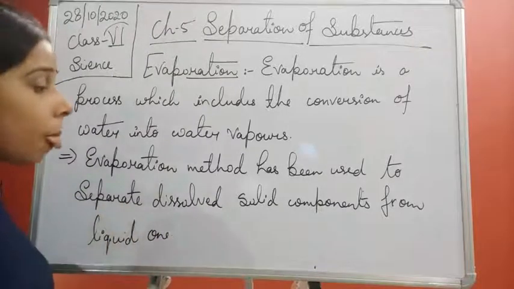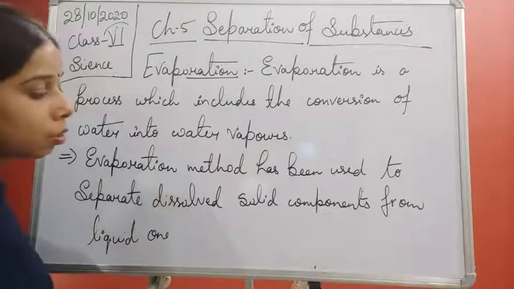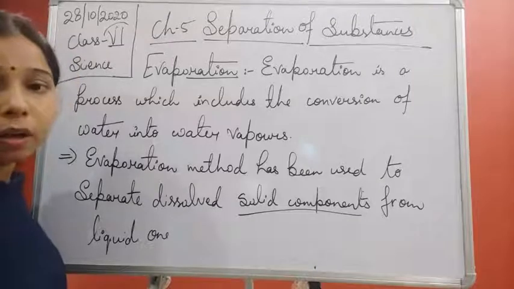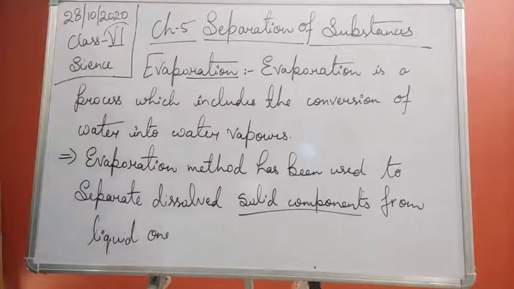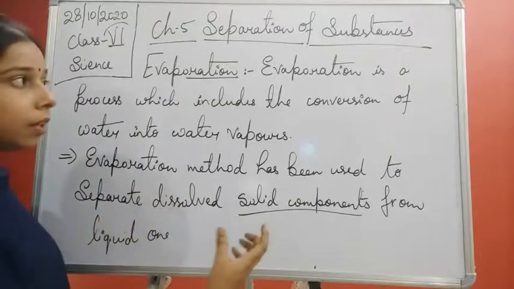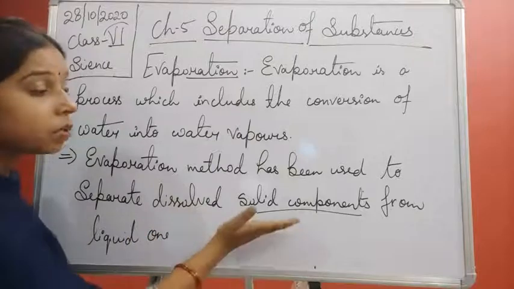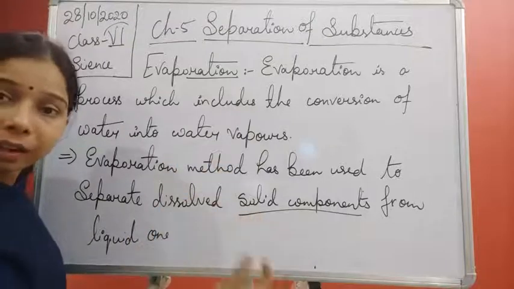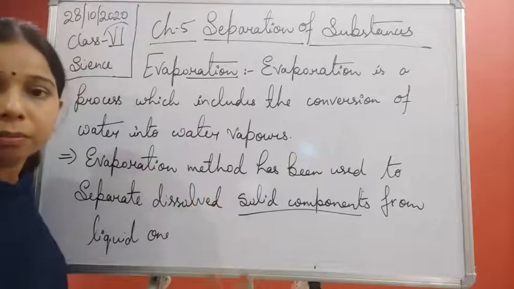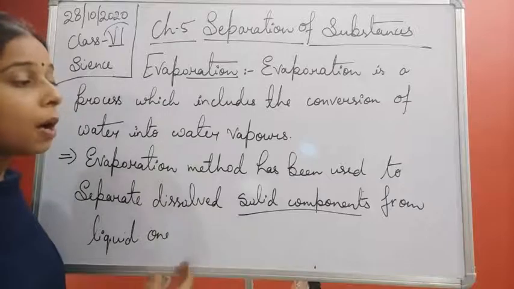Okay, so this process is basically used to separate the solid component. Now this solid component gets mixed into the liquid one, and for that we use the process of evaporation. When we apply this process, the solid component is left in the container or in the vessel wherever we had taken the mixture.